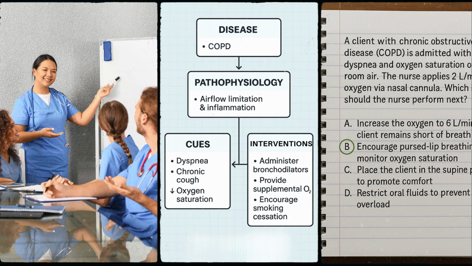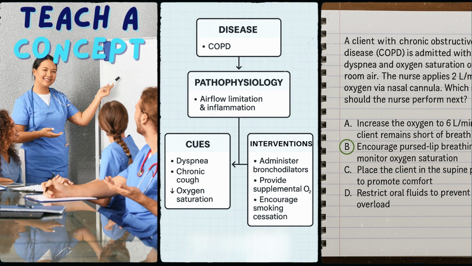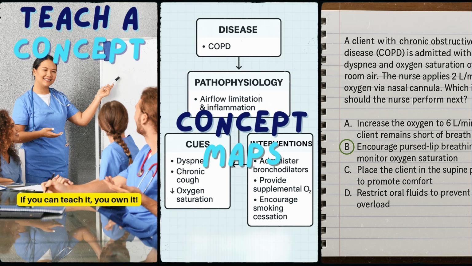Let me give you some examples of active studying. Here's one. Teach a concept to a classmate or even read it out loud to yourself. If you can explain diabetic ketoacidosis in simple terms, you'll own it. Another thing you can do is build concept maps that connect the disease, the pathophysiology, the cues, the interventions.